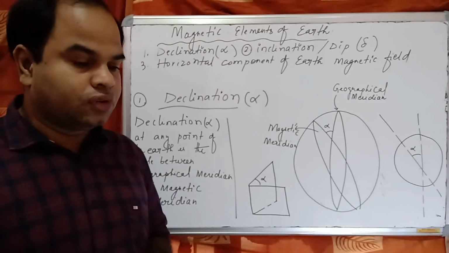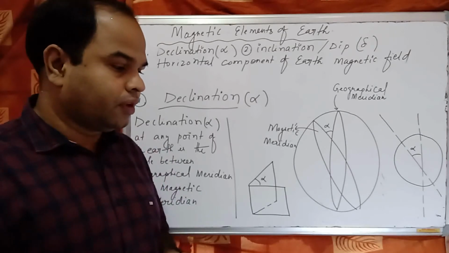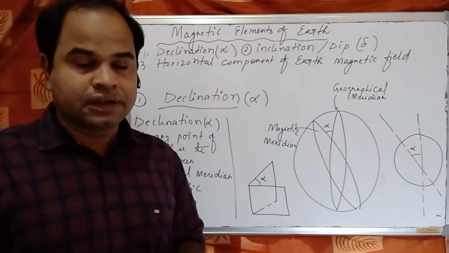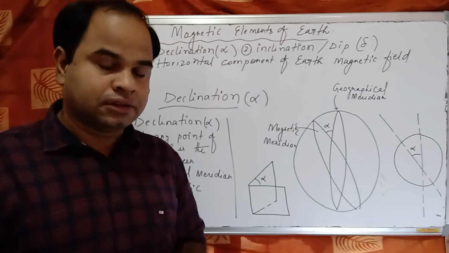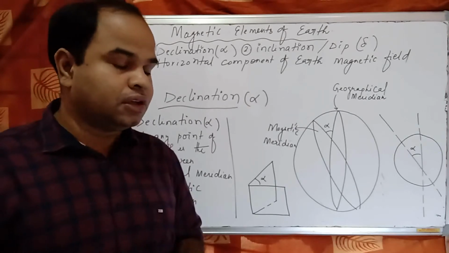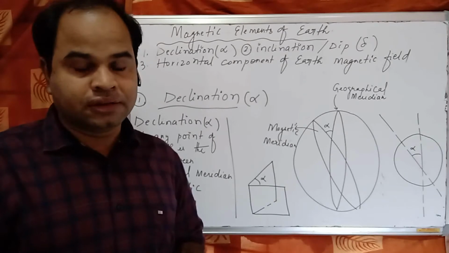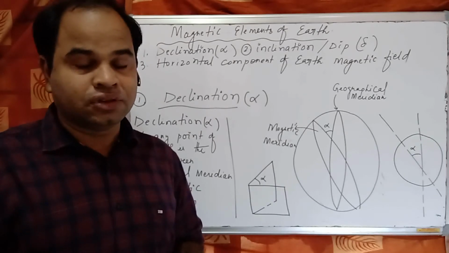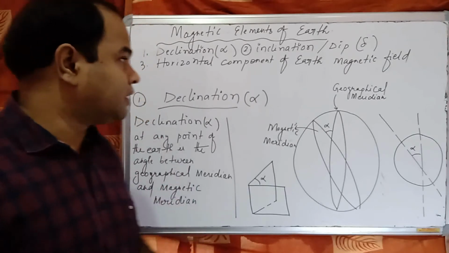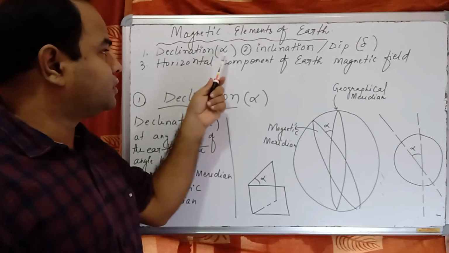So what are the magnetic elements? To determine the magnetic field at any place, we need three parameters. They are declination, represented by alpha.